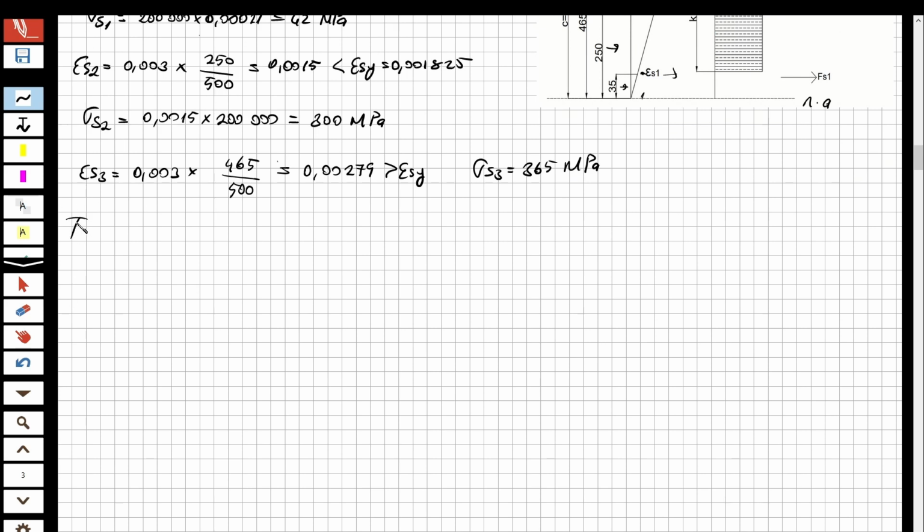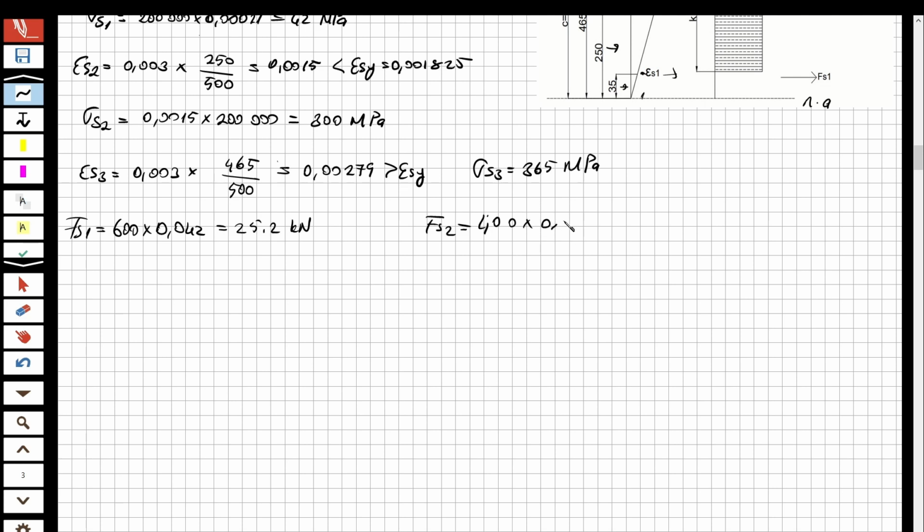For the forces, force S1 is equal to the area of steel. What is the area of steel? 600, right? Multiplied by 0.042, and this is going to be equal to 25.2 kilonewton. Let's do it for the second one. 600 multiplied, sorry, this is not 600, this is 400. Yes, the area of this mid steel is 400.